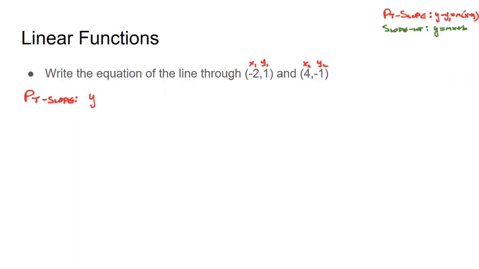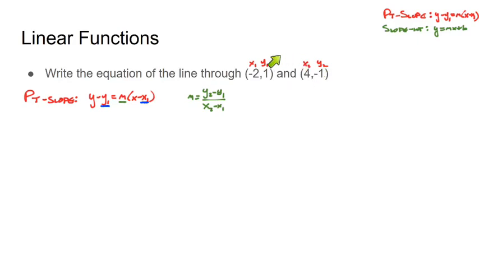As I look at this, we have y minus y1 equals your slope times x minus x1. We're going to fill in a point for x1 and y1, and you can see that we have a point that would work there. But what we don't have is the slope. In order to find our slope, we're going to do y2 minus y1 over x2 minus x1, which is our rise over our run.